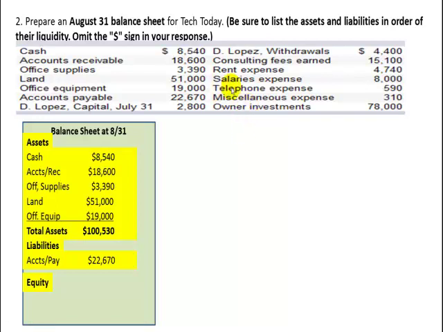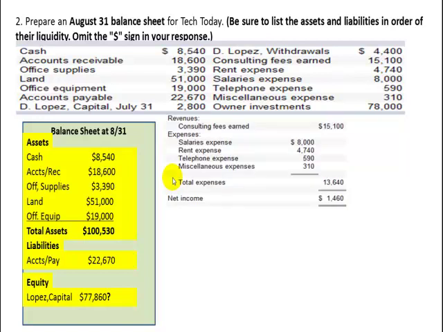I'll show you two ways to do the final thing. The ending capital account as of 8/31 is going to be 77,860. Two ways to get that number. One way is to prepare an income statement from this trial balance.